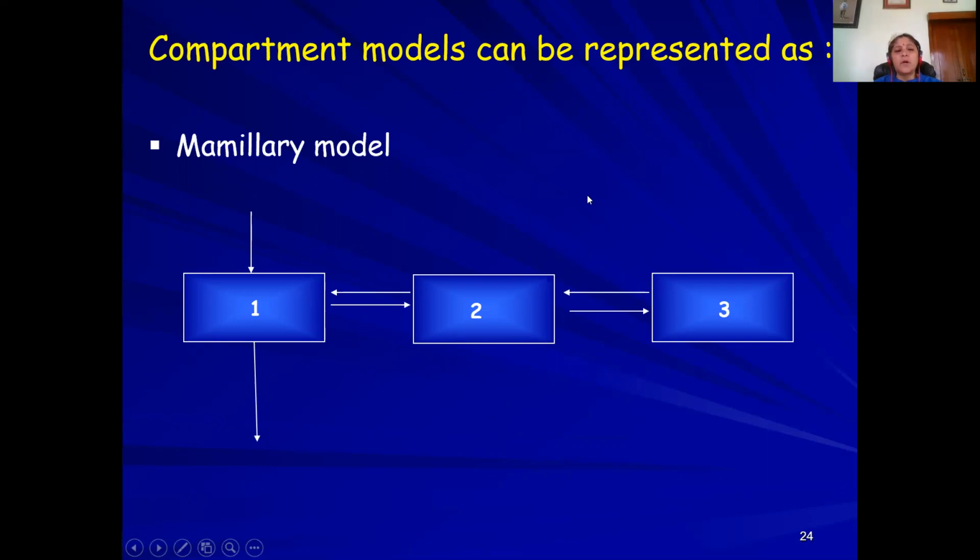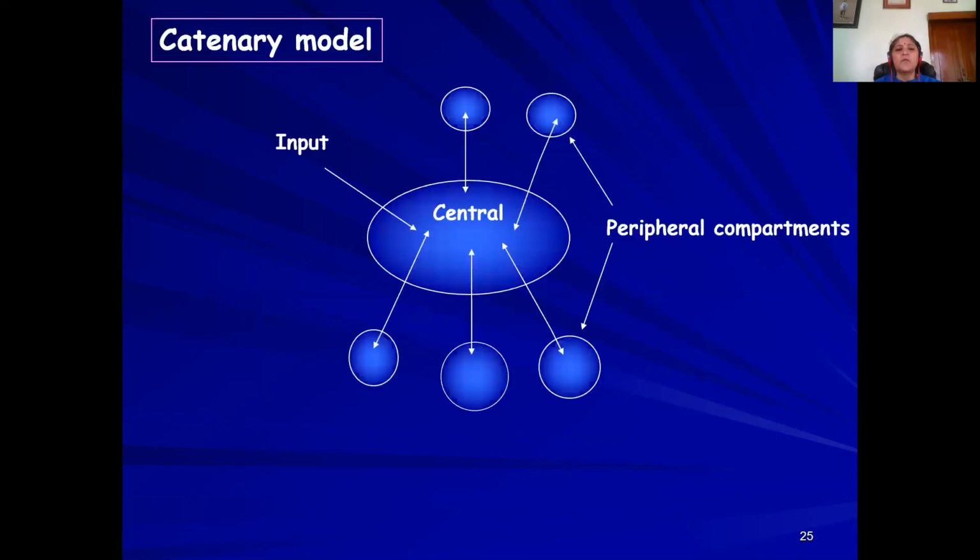What you are seeing here, like the bogies of a train, this way of representation is known as the catenary model, whereas this is known as the mammillary model, where the central compartment is in the center and the other compartments are around the central compartment like satellites.